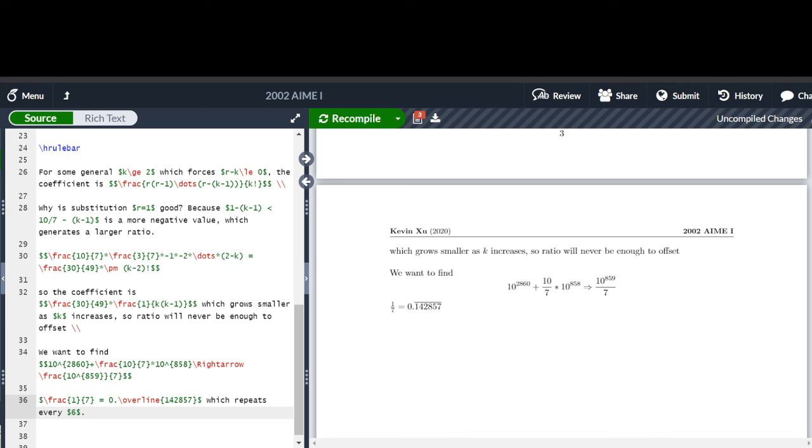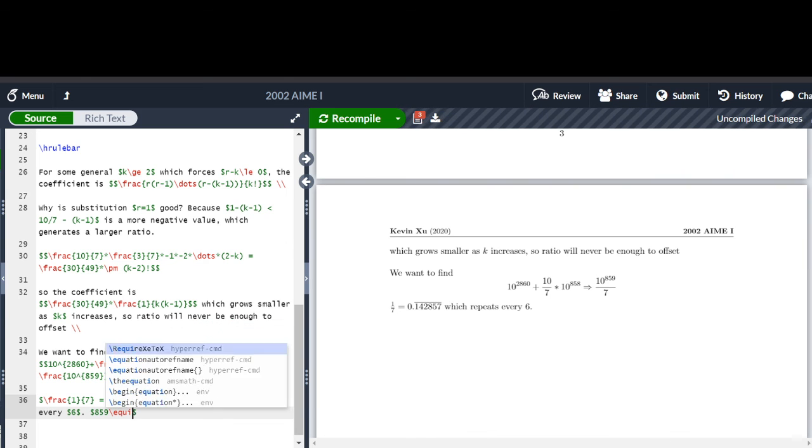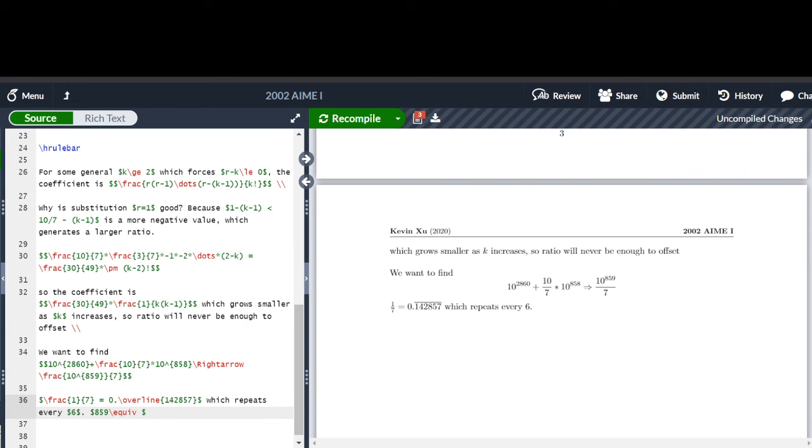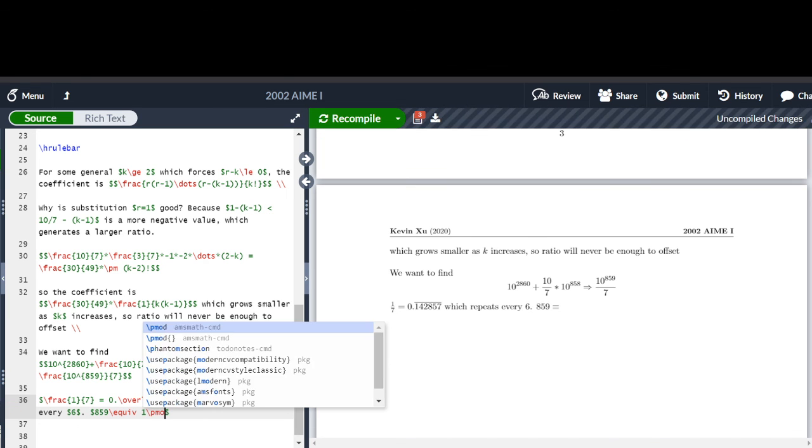And since we have 10 to the power of some number, we're multiplying 1 over 7 by a power of 10. This will shift the decimal point 859 places to the right. Which means, since 859, if we take it mod 6, this is equivalent to 1 mod 6.